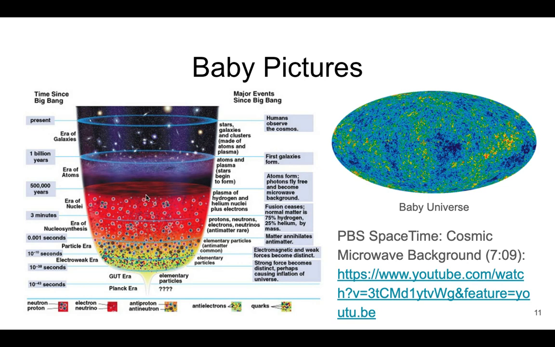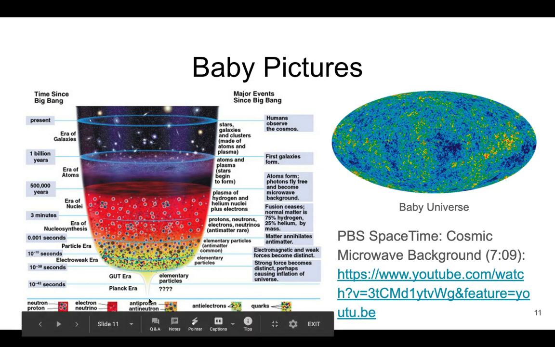But because the universe has kept expanding ever since then, that light has gotten stretched out and redshifted and cooled down. So instead of being tens or hundreds of thousands of degrees Kelvin, it's only about 2.7 degrees Kelvin. So here is your timeline of everything.